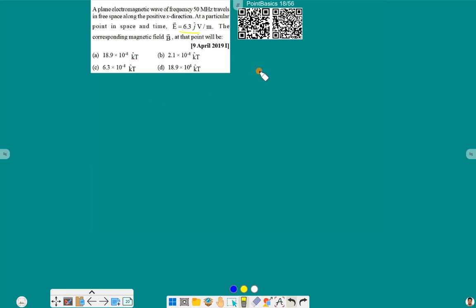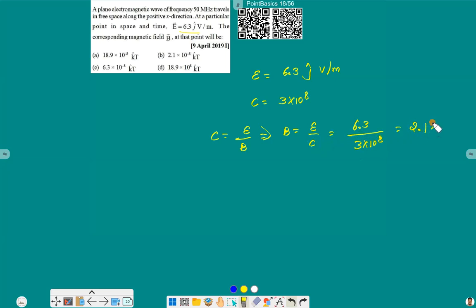So we have electric field 6.3 in z direction, volt per meter, and this wave is traveling in free space, so velocity of wave will be c, that is 3 into 10 raised to power 8, and we know c is equal to E by B. So from this, B is E by c, so that will be 6.3 divided by 3 into 10 raised to power 8, so this will be 2.1 into 10 raised to power minus 8 in magnitude.